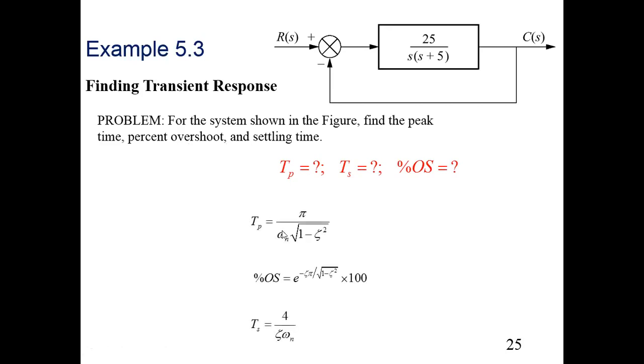We know the formulas for peak time, percentage overshoot, and settling time. So our first step will be to find the equivalent second order transfer function. We will use the formula of the closed loop feedback system. Let's apply the formula.